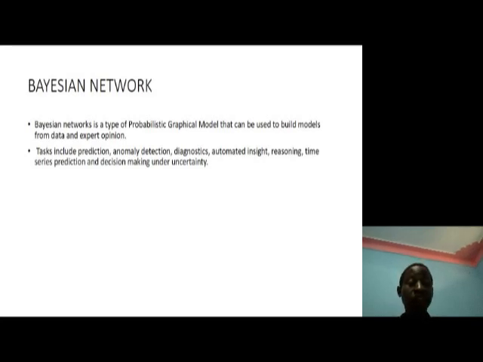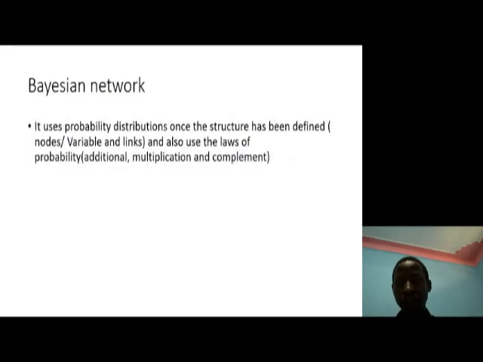Even when you are doing decision making under uncertainty, that will help you in the network. In the continuation, Bayesian networks use probability distributions once the structure has been defined. We remember in the network we have nodes, variables, and links. And also we can use the laws of probability such as addition, multiplication, and complement.